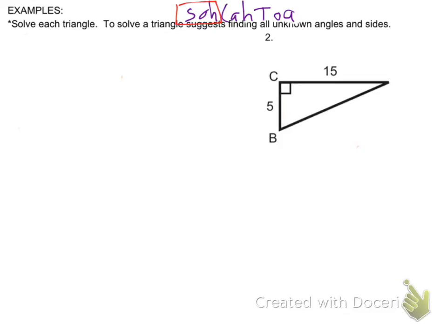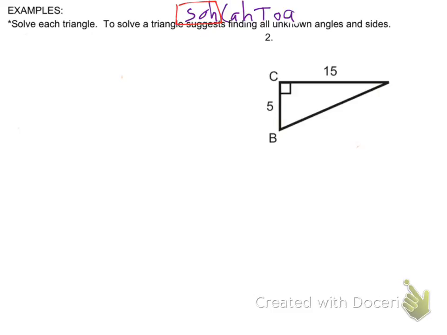That's why we've got to solve for it. Remember, as stated above, to solve a triangle is to find all unknown angles and sides. Even if it's listed, it's not telling us to solve for that. It's implied. Now, I'm actually going to solve for the hypotenuse right away using what? Pythagorean theorem.